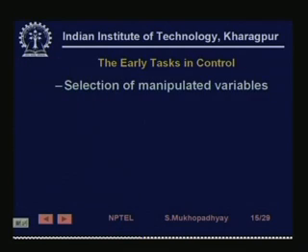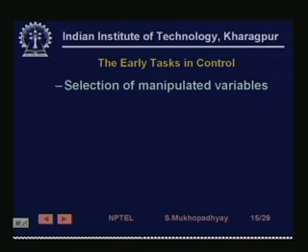I wanted to start with the early tasks in control, because these are the parts that in an undergraduate control course we generally never pay attention to. Neither have I paid attention to them here, but at least let me mention that these are very important tasks.